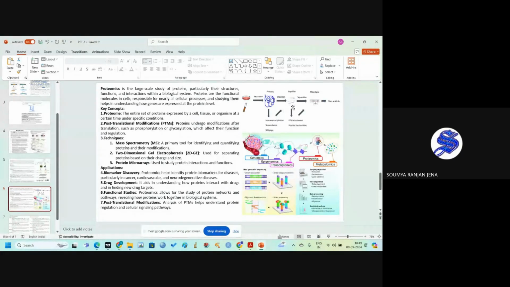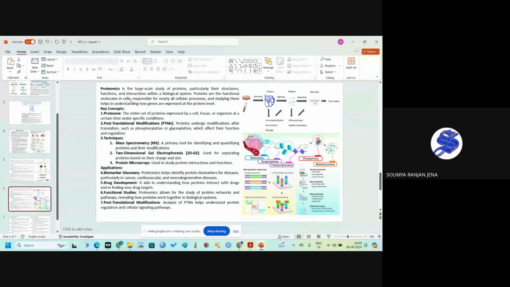Then we can do the peptide separation, then mass spectrometry analysis, and this gives the different proteins.